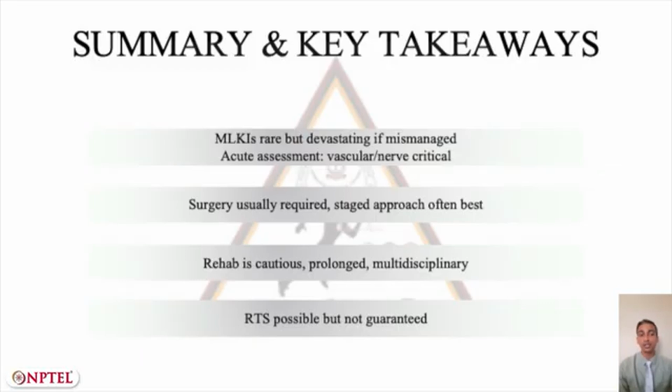Surgery is usually required in these cases, and a staged approach is often considered best. Rehabilitation is cautious, prolonged, and requires a multidisciplinary approach. Return to sport is possible, but sometimes it is not guaranteed.